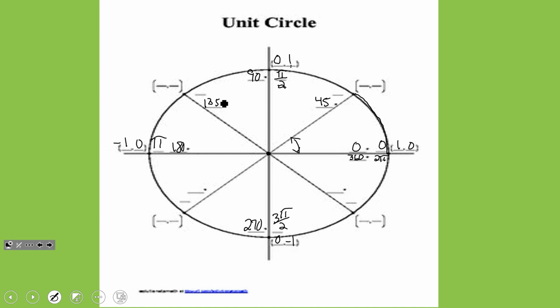Another 45 would be 180. Then another 45 would be 225. Then another 45 would be 270. Then another 45 would be 315. And then the last 45 would be 360. Okay, any questions? We're counting by 45s.